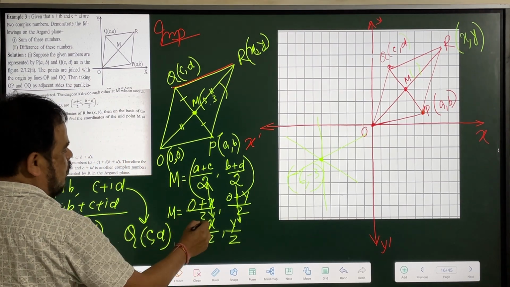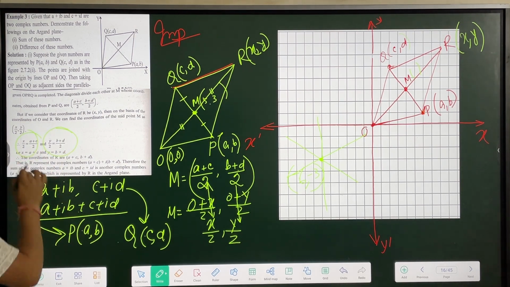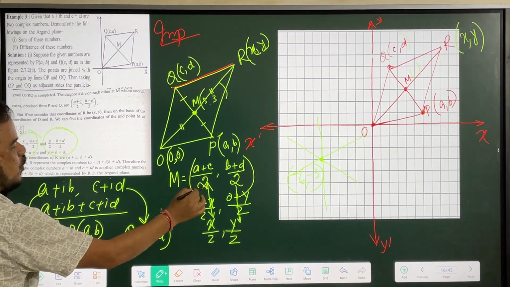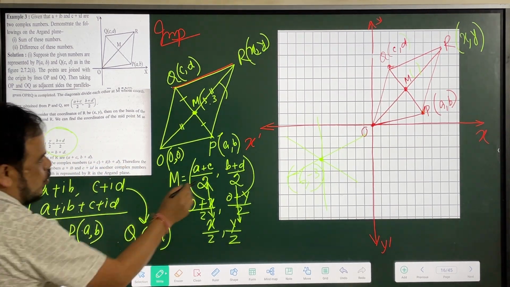So x by 2 equals A plus C by 2, and y by 2 equals B plus D by 2. The 2s cancel.